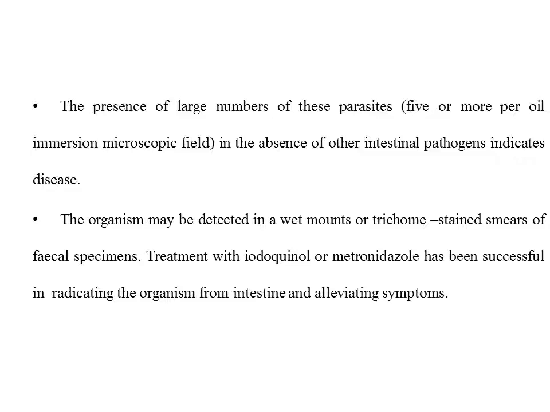So if it is found in a high number, for example 5 or more, when examined under the oil immersion lens in our microscopic field, and we see the absence of other intestinal pathogens, this will indicate that it accounts for the disease.